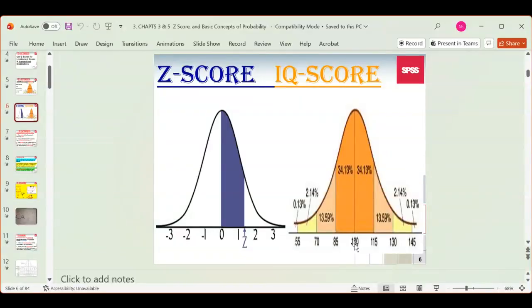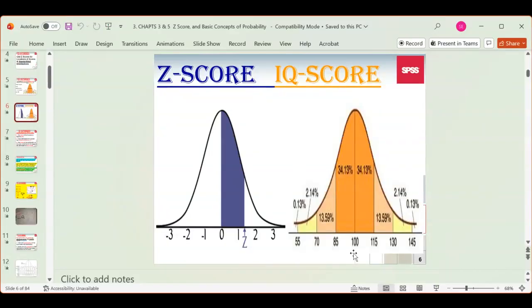If we transform it to z, what would be the mean for the z? 0. And the right side distribution has a standard deviation of 15. You go up or down 15 points. If we convert it to z-score, what would be the standard deviation for the z-score? 1, always. That's the whole job of z-score.